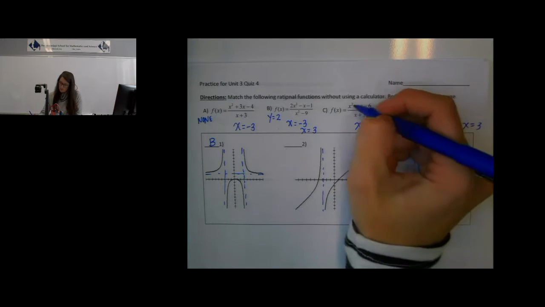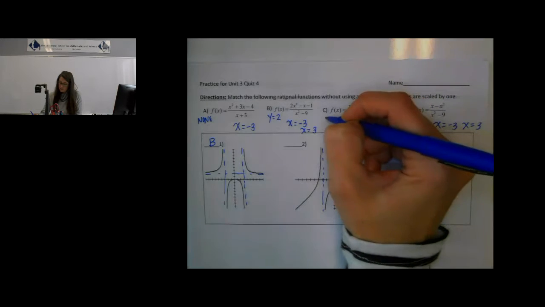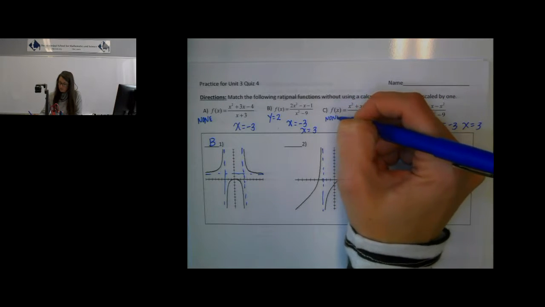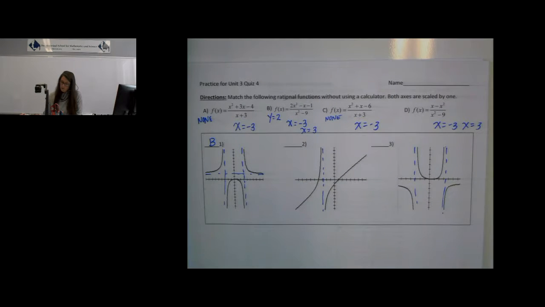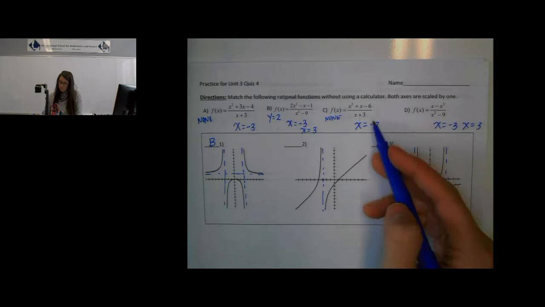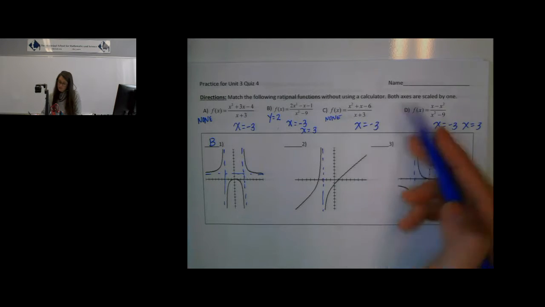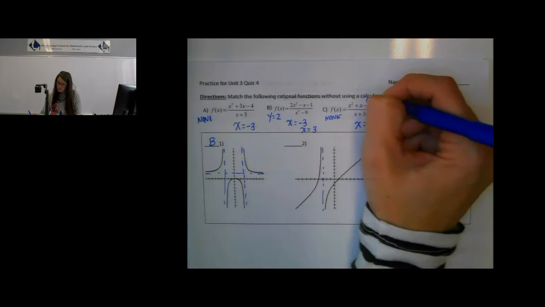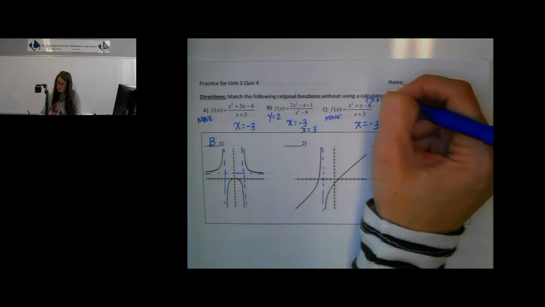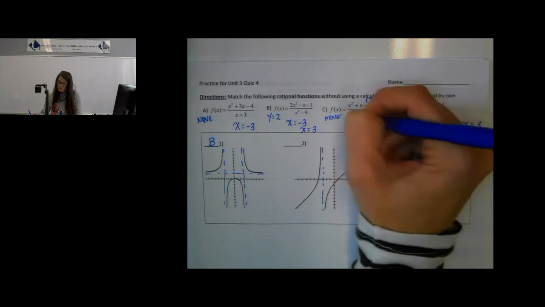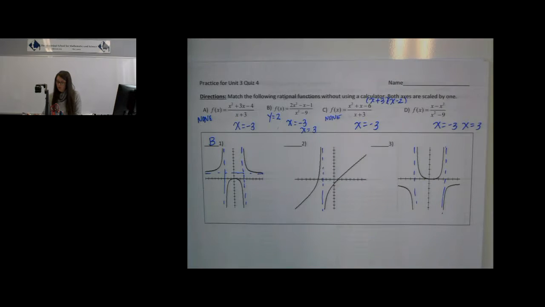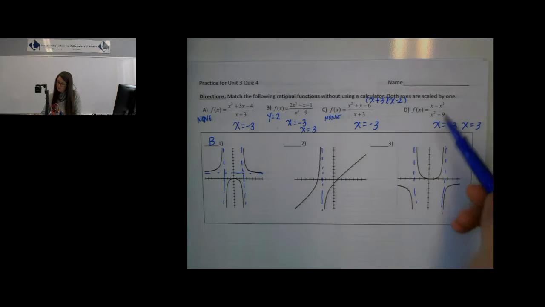Okay. This one has no horizontal. This one can reduce, right? So if I were to reduce, that would be x plus 3 times x minus 2. So your x plus 3s would have gone away, so you would have had a hole at 3 as well.